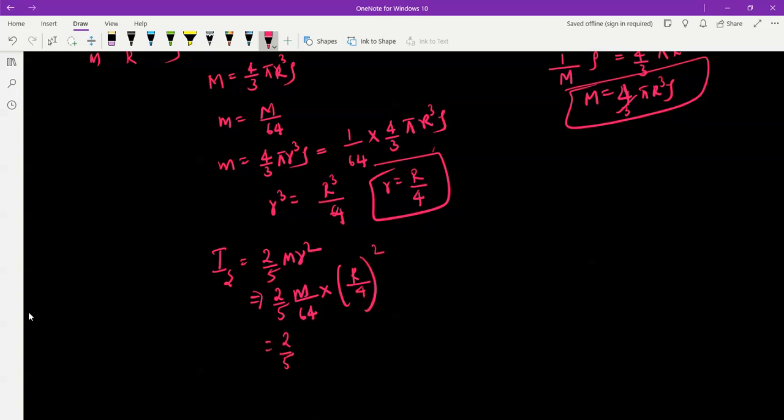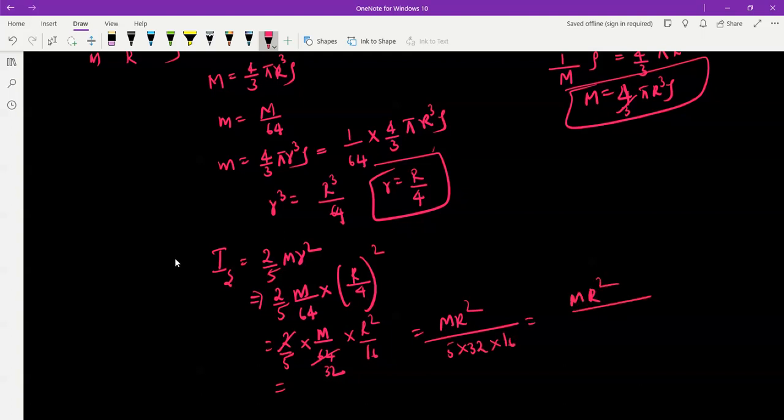So 2 by 5 into M by 64 into R square by 16. So 2 ones are 2, 32s are, so that is M R square by 5 into 32 into 16.